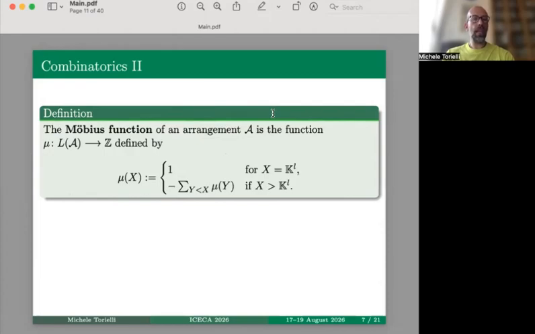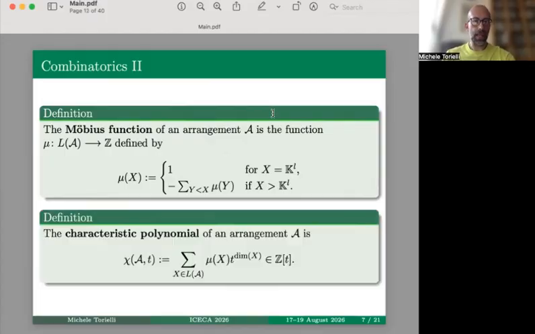Associated with the poset, we can define the Möbius function. The idea is that we want to define a function in a recursive way. First we say that the Möbius function of the total space is 1. Then we compute the Möbius function of any intersection x in the poset by doing an alternating sum over all the elements that are smaller than my given element x.